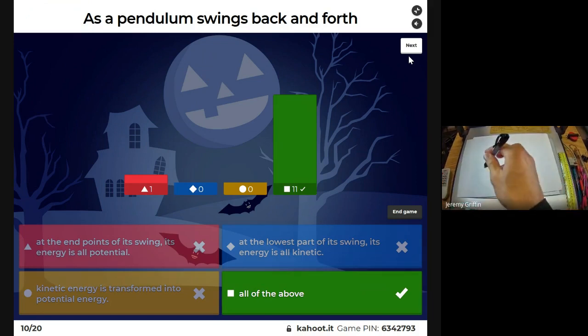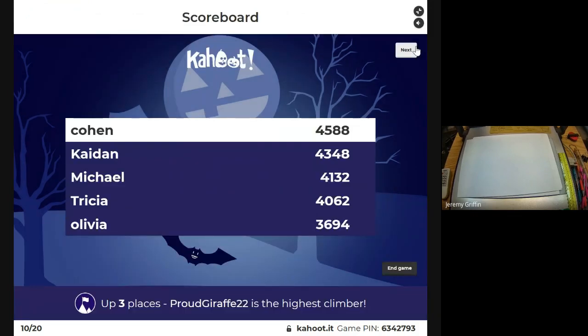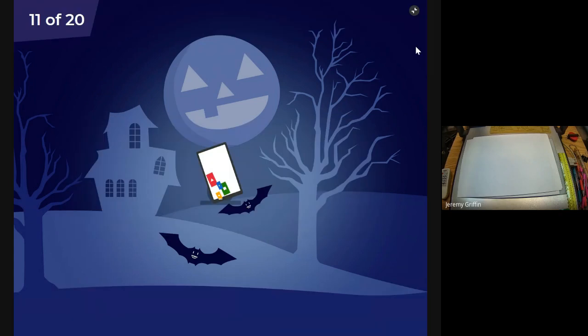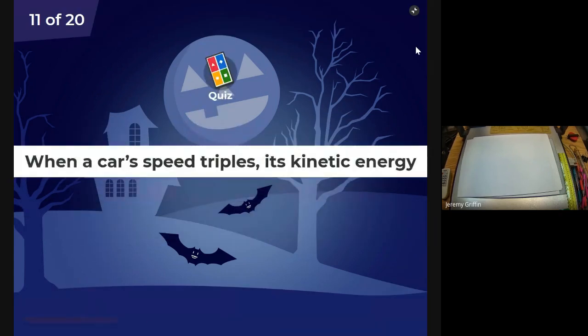So you guys remember pendulum swinging back and forth? At its lowest point, it's moving really fast, so it has kinetic energy. And if you define that as height zero, then it's all kinetic. Then at the end points, it's not moving. But it is elevated to get up there, so it has all potential, and it just oscillates back and forth. Paul Hewitt did a demo on that too. If you want to go catch that video.